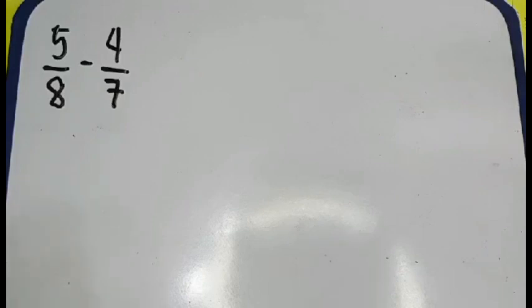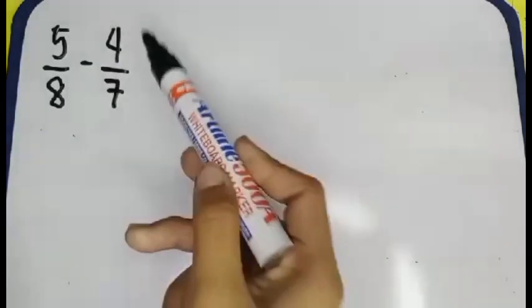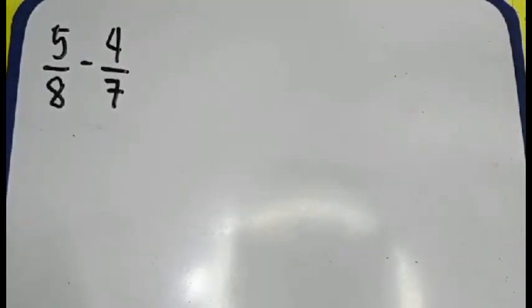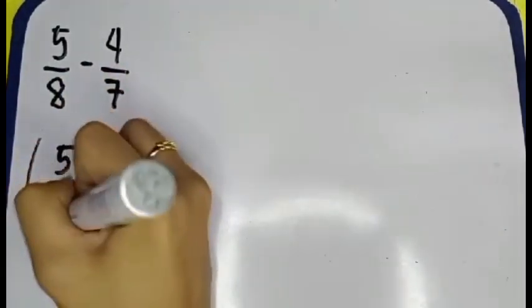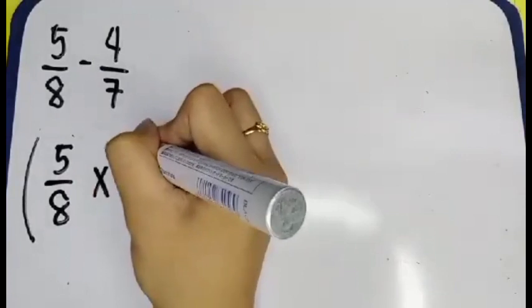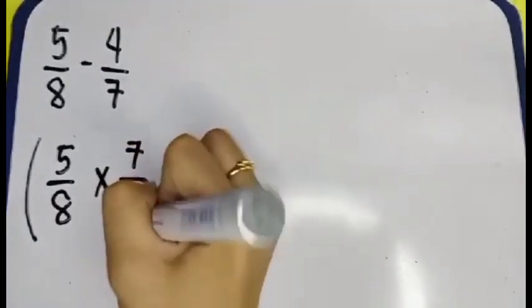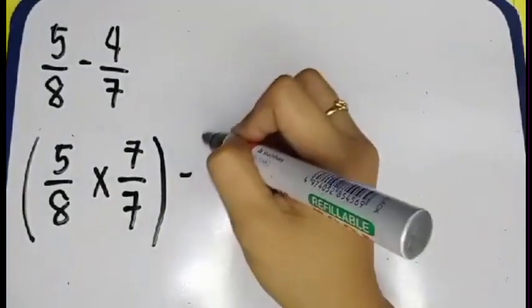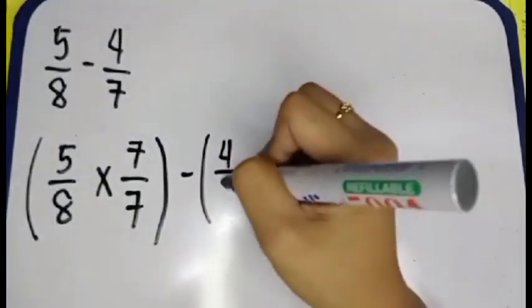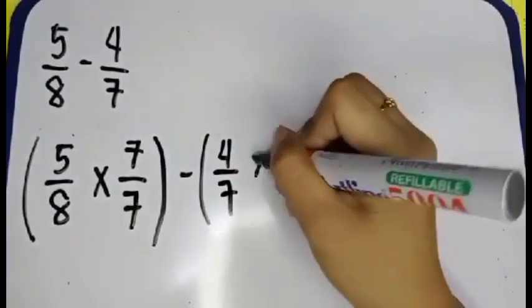Next, we multiply the numerator and denominator of each fraction by the number that make its denominator equal to our LCM. Therefore, 5 over 8 are multiplied by 7. And 4 over 7 are multiplied by 8.